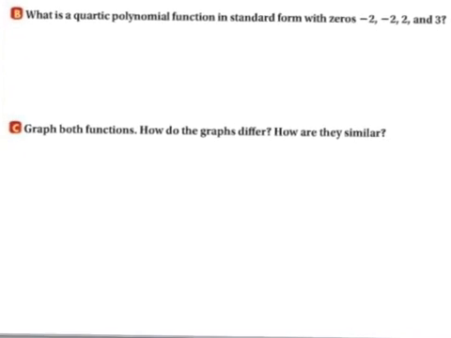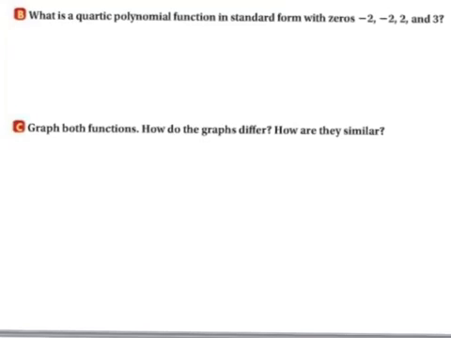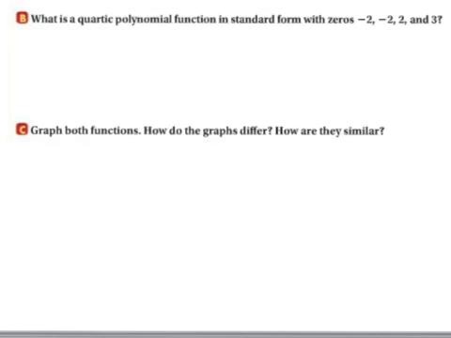What is a quartic polynomial? So now we know that this is going to be a degree 4 polynomial because it's using the word quartic. We also know that we're going to have 4 zeros, because it's quartic. So just look at your zeros and determine what factor each 0 came from.